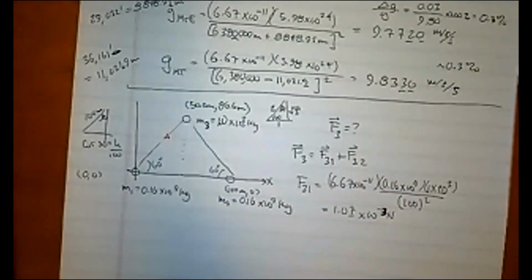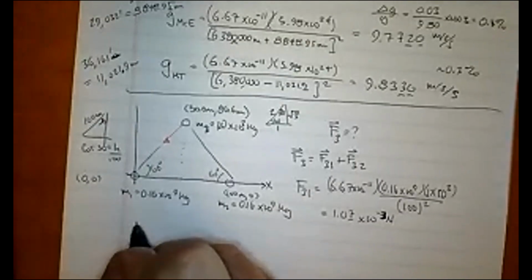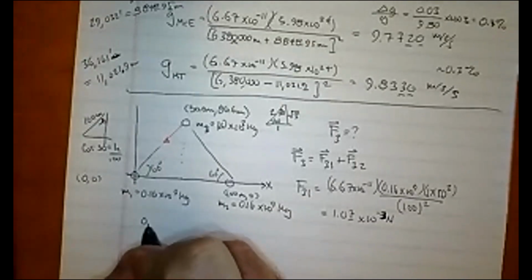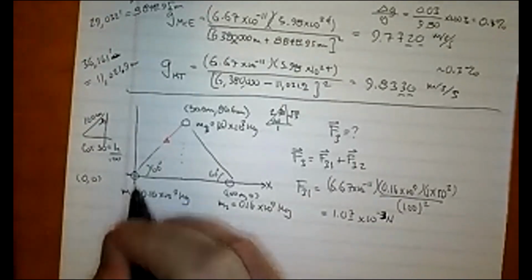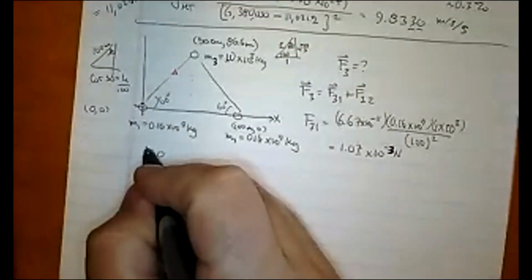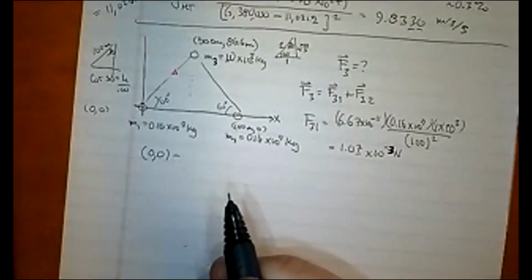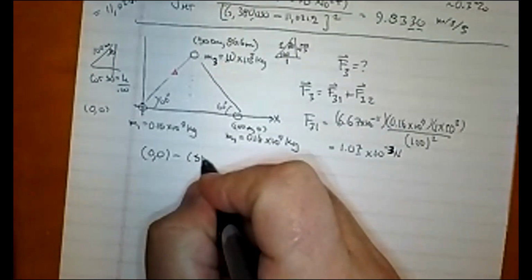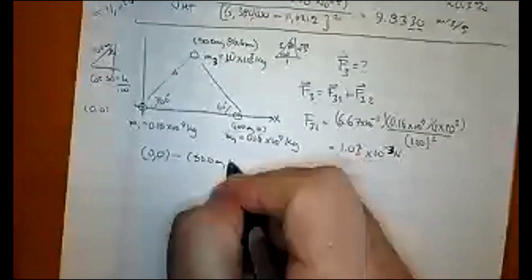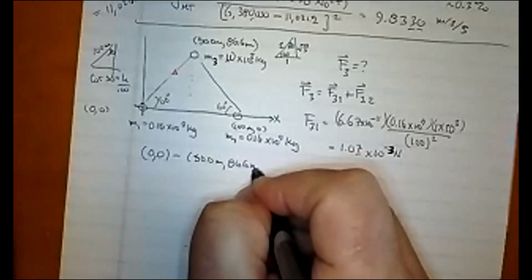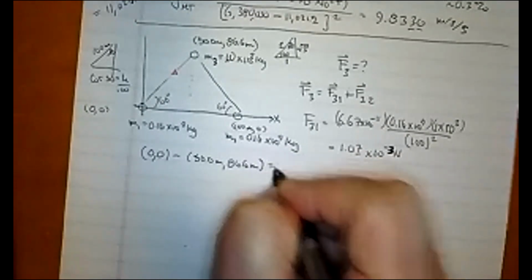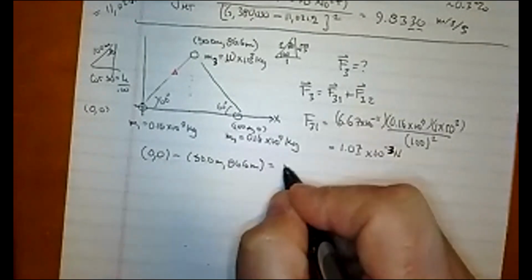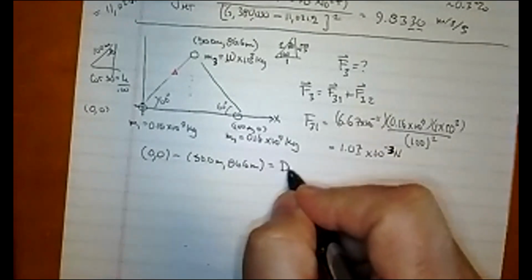Well, what I have to do is take 0, 0, because that's the final point, and subtract from it the initial point, which is 50.0 meters, 86.6 meters. That would give me an actual distance vector.